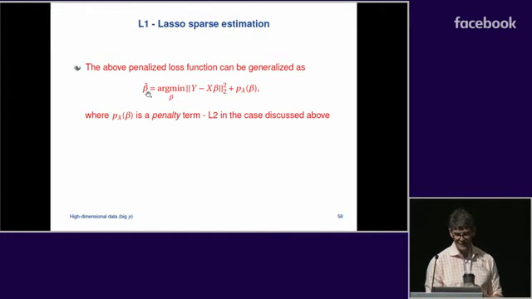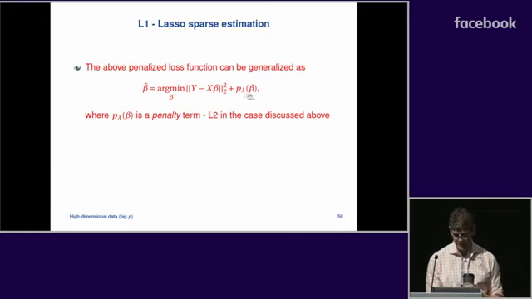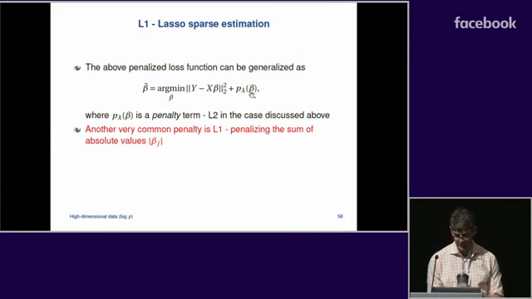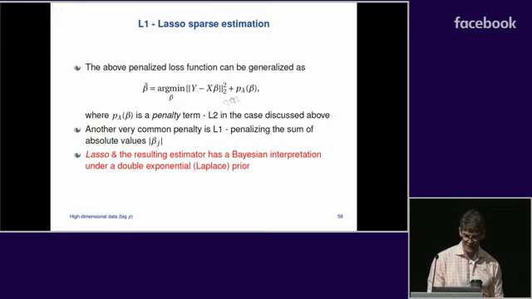Of course, we can generalize that to a broad class of penalized loss functions where we have a least squares part for goodness of fit plus p_lambda of beta, which is a penalty term. We previously used L2, but we could put on an L1 penalty to have a lasso type procedure. There was a question at the break about the Bayesian lasso.